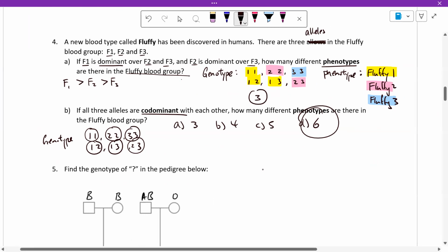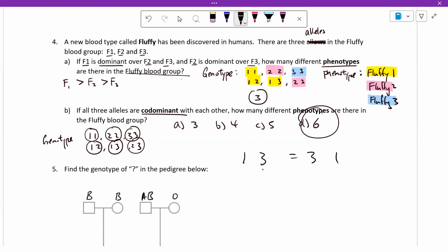For the genotype? Oh, because 1-3 is the same as 3-1, right? That's probably why. But when I did it, I made 1, 2, 3 on one side and 1, 2, 3 on the other side. That gave me 9 options. Yes, the possible outcomes come from there. But in your table, you probably have 1-3 and 3-1 separately, right?